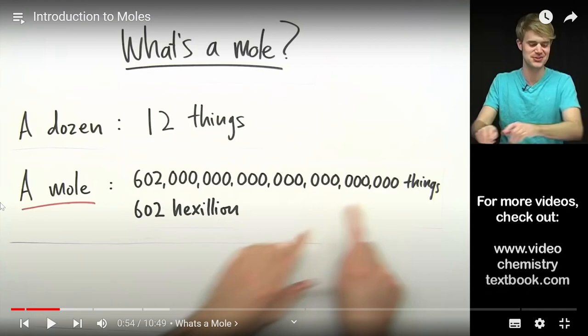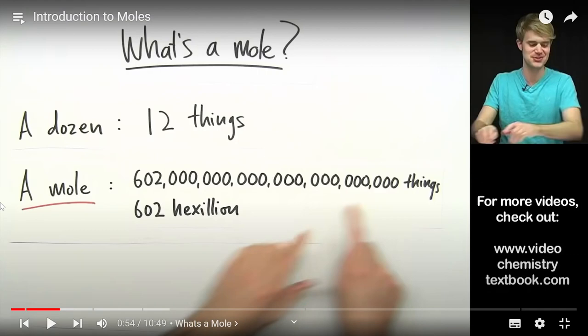I'm going to give you a second to write that down, maybe even 10 seconds. Because part of what you're doing is you're internalizing how incredibly big this number is. That's 21 zeros after the 602. So really, we're not doing anything different than we did for the first couple of units.